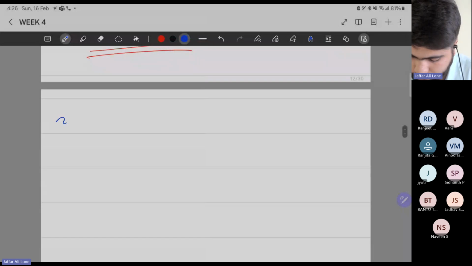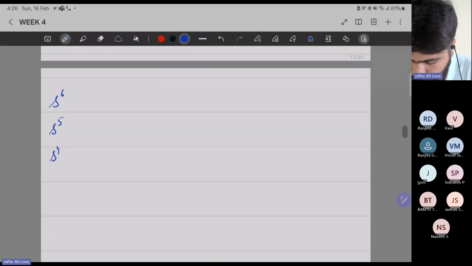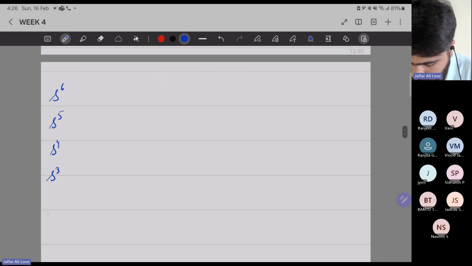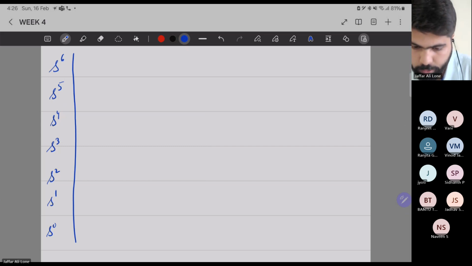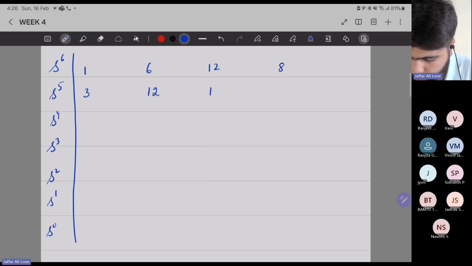So it will be s6, s5, s4, s3, s2, s1, and s0. So I'll get 1, 6, 12, 8, 3, 12, 12, then 2, 8, 8.